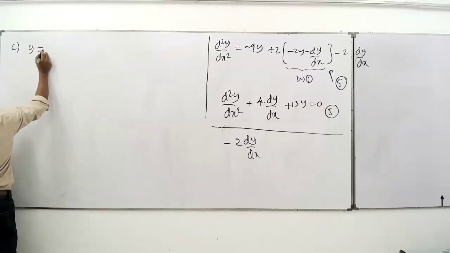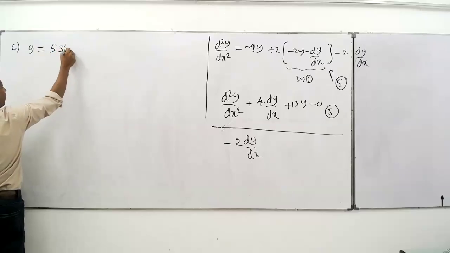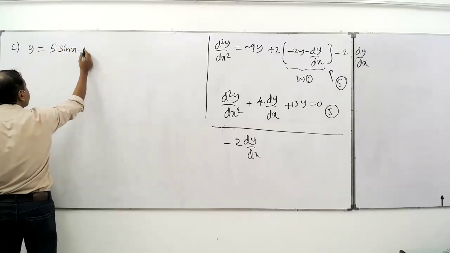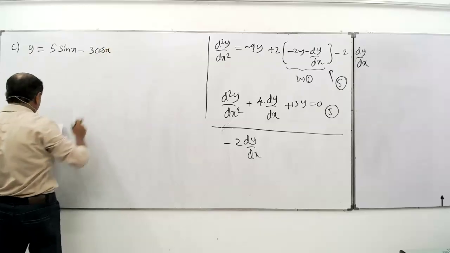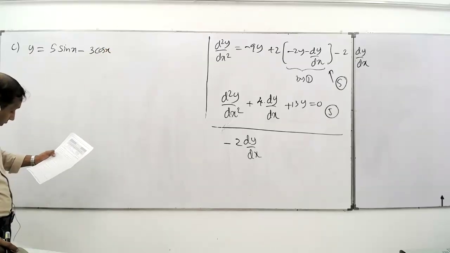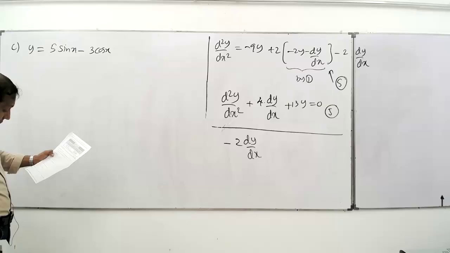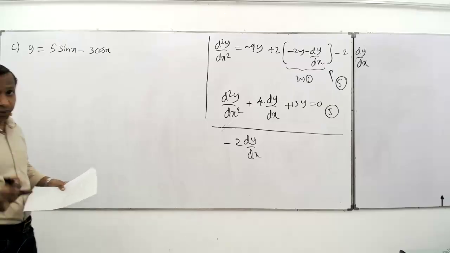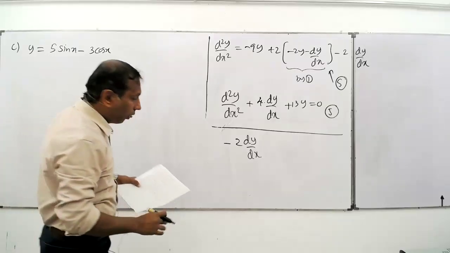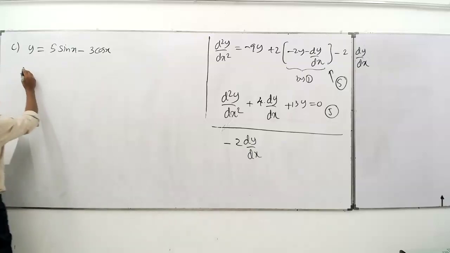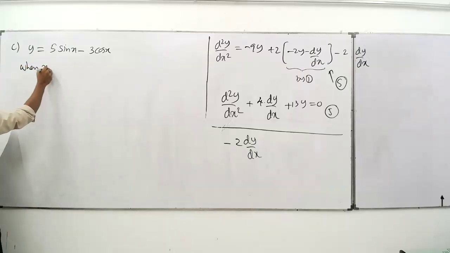Y equals 5 sin x minus 3 cos x. Right, it asks me to find what? The equation of the tangent drawn at x equals 0. The x coordinate at that point is 0. Then first find, when x equals 0, what is y?